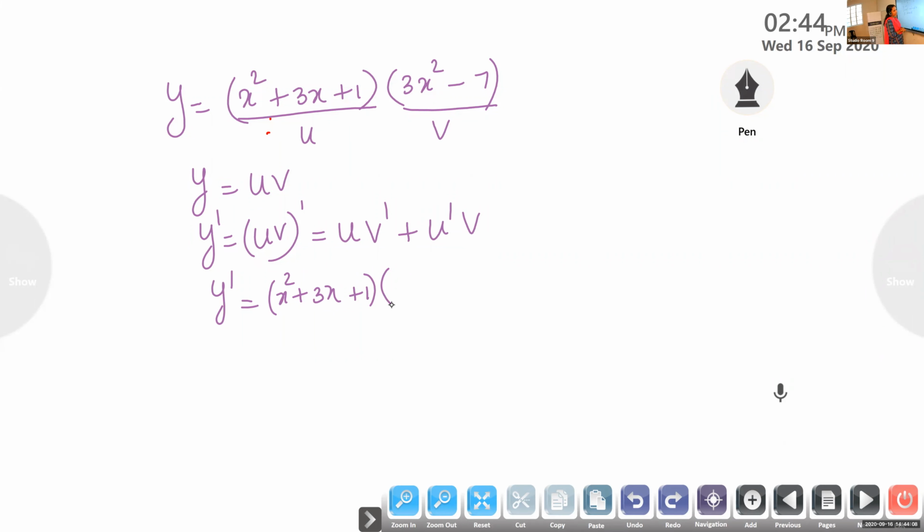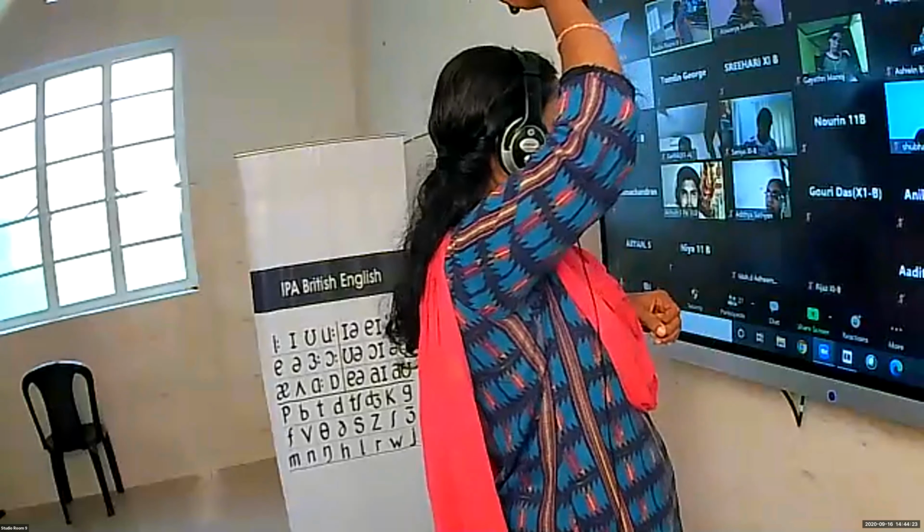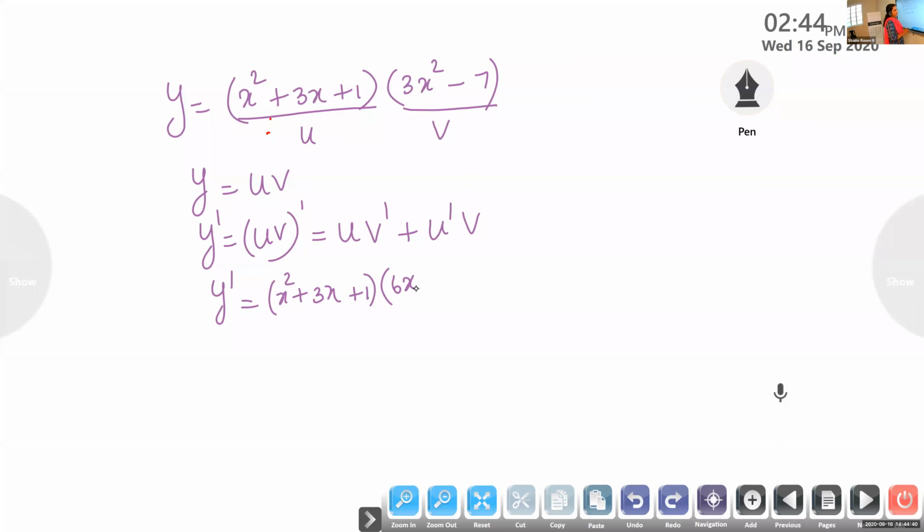Who is giving the answer? Achud, you are giving the answer. Derivative of 3x square, it's correct. Is it Achud you gave? Good. Yes, ma'am. 3x square, how are we getting 6x?